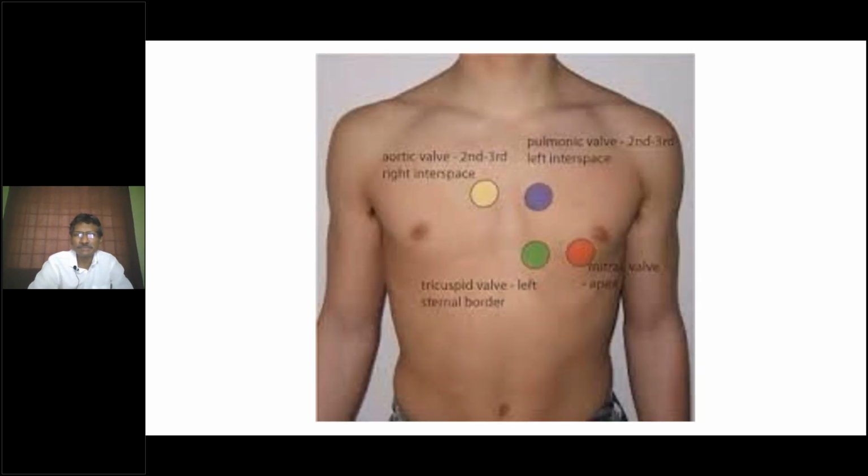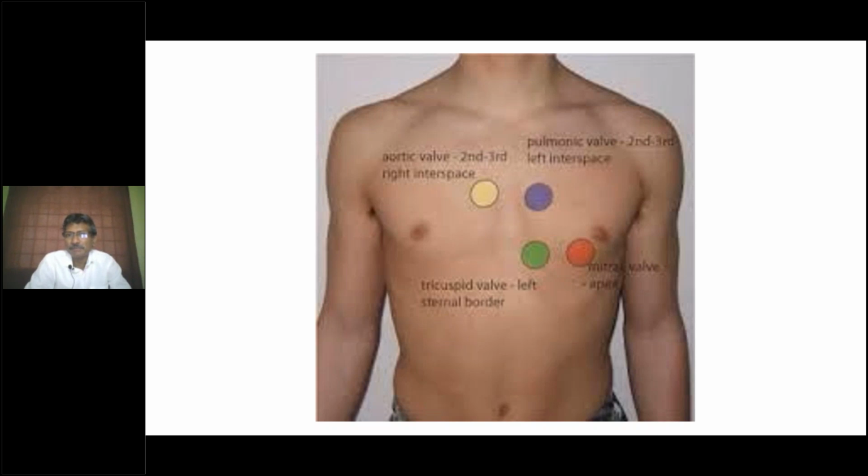So this actually gives you an idea about the position of the areas where you have to auscultate. The red round is the place where you auscultate for changes in the mitral valve or abnormality of the mitral valve. And the green round, the left lower sternal edge, is for the tricuspid valve.